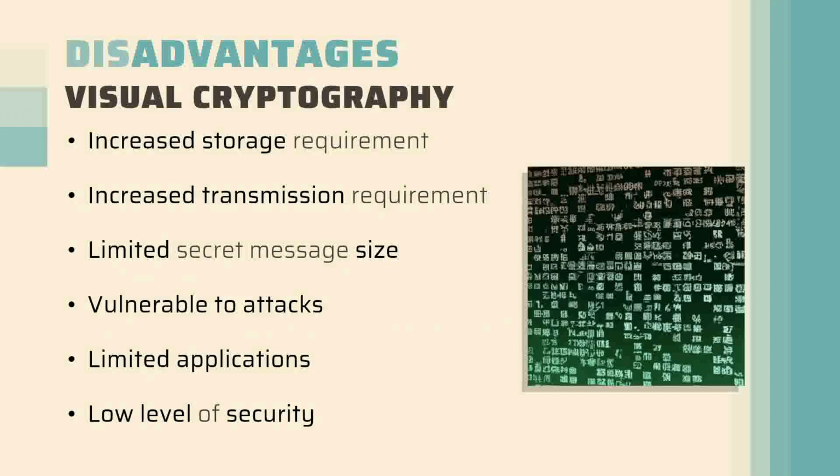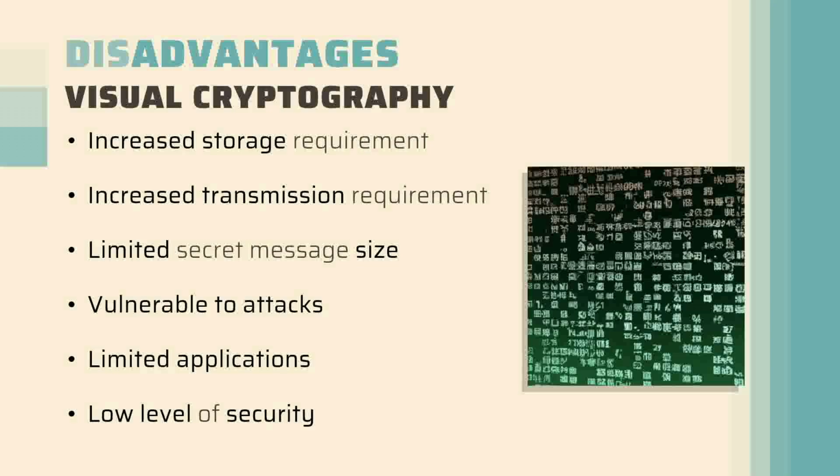Now let's move on to the disadvantages on the next slide. So here are some disadvantages. Visual cryptography requires multiple shares, hence increasing the storage and transmission requirements. The size of the secret messages that can be encrypted using visual cryptography is limited by the number of shares used.